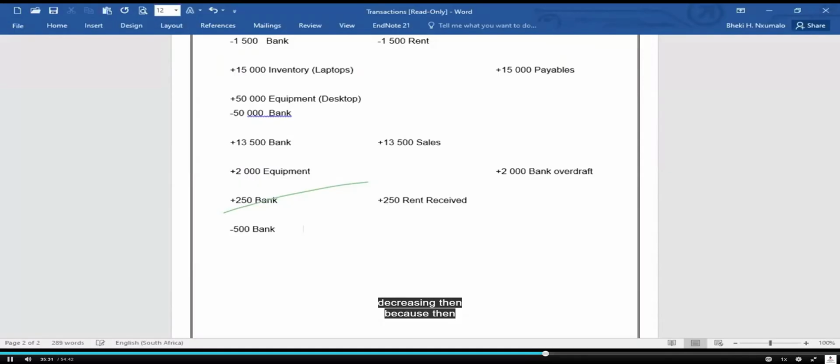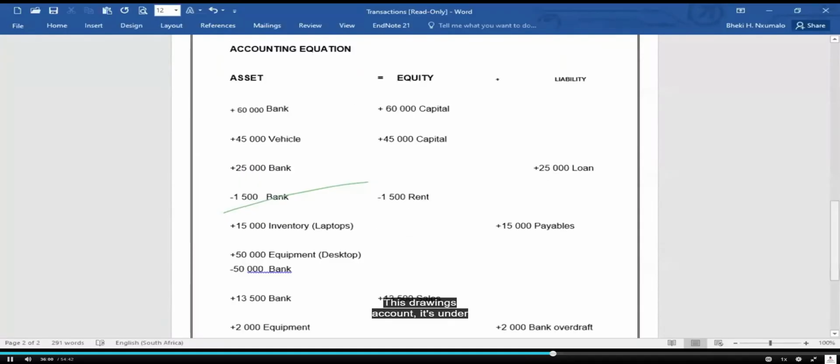If an owner withdraws cash or an asset from the business, we use this drawings account. It's under the equity section because the entry is made by the owner. What affects equity? Transactions made by the owner, as well as sales, income or expenses, affect the equity section of a business.